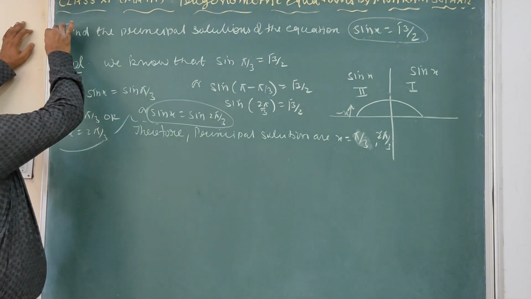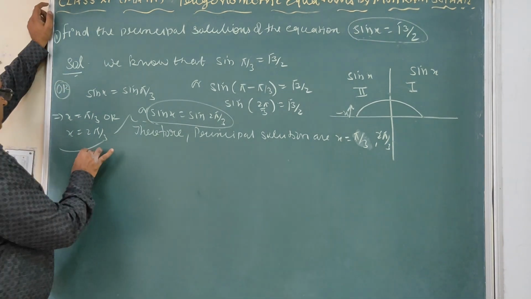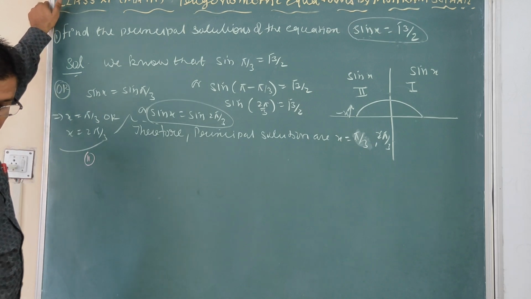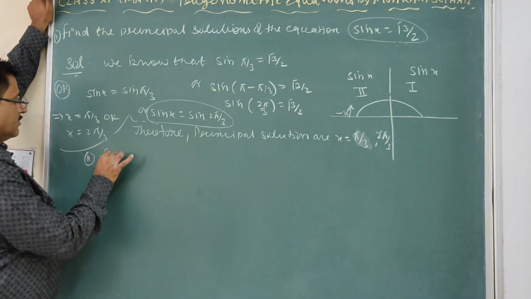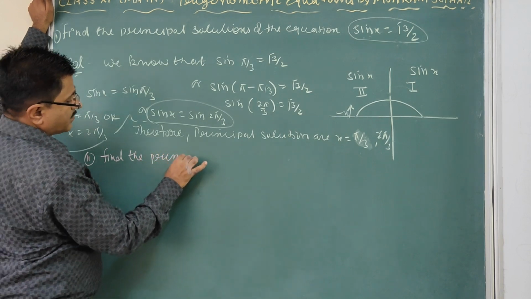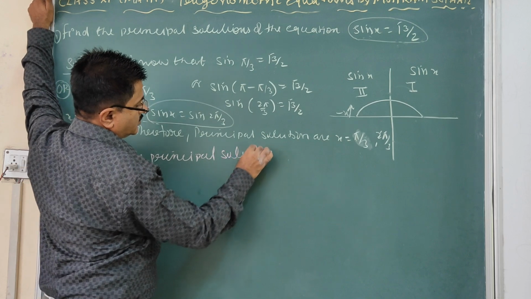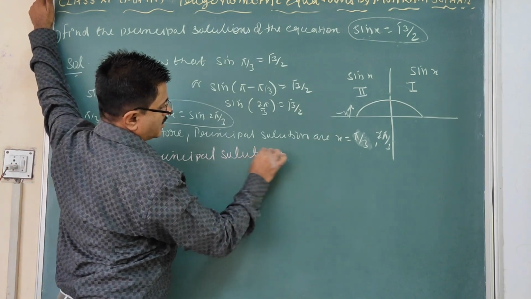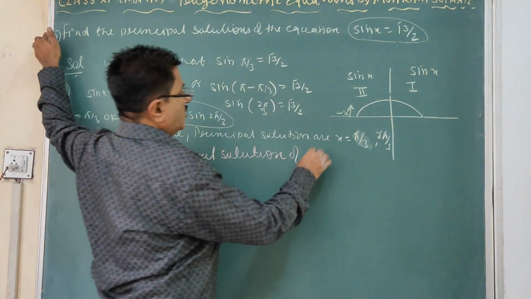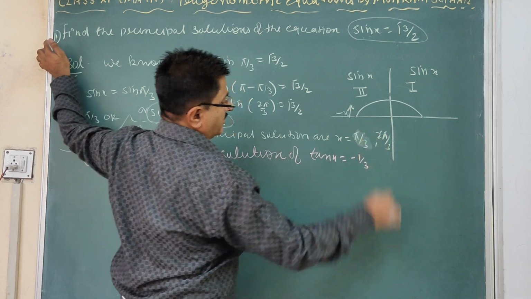Now you take the second problem. If you consider the second one, it says find the principal solution of tan x equal to minus 1 by root 3.